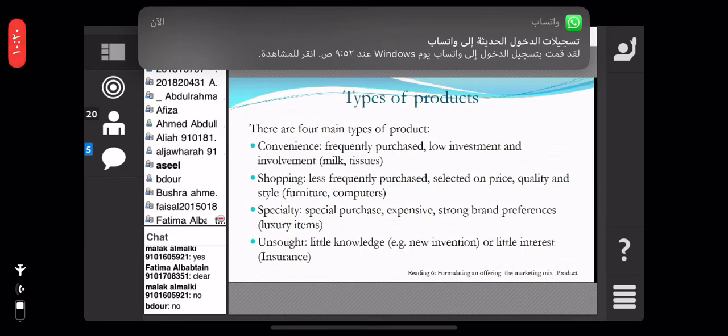Something that customers usually don't think about, so we call it unsought products. So there are four main types of products: convenience products, shopping products, specialty products, and unsought products.